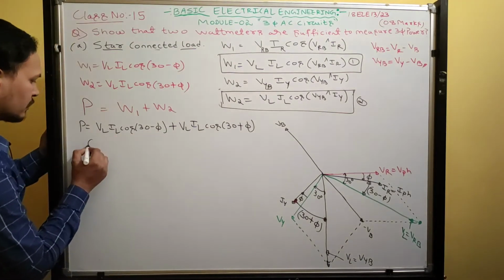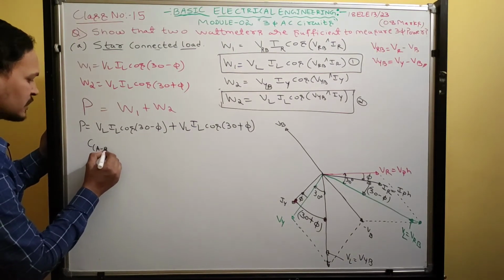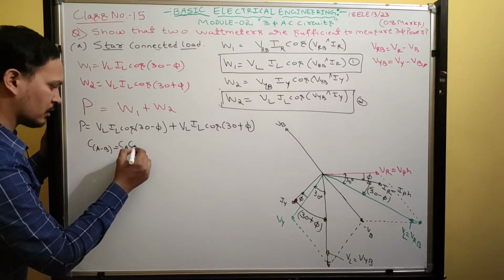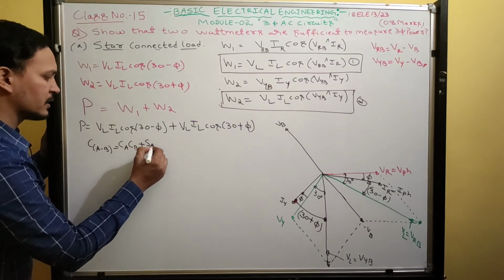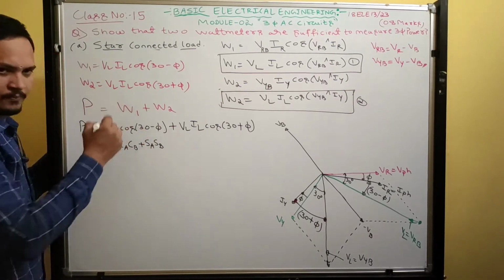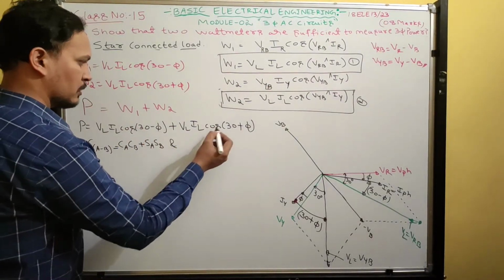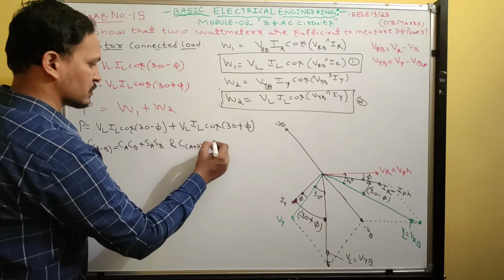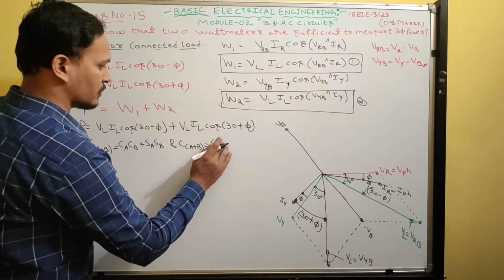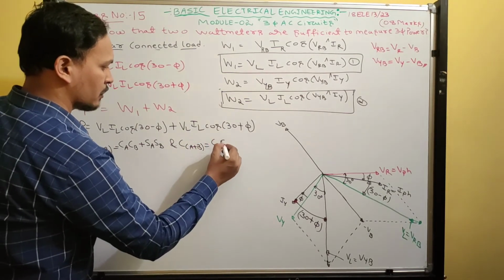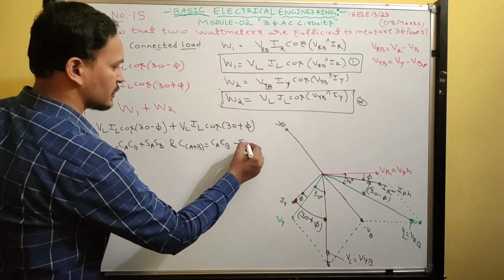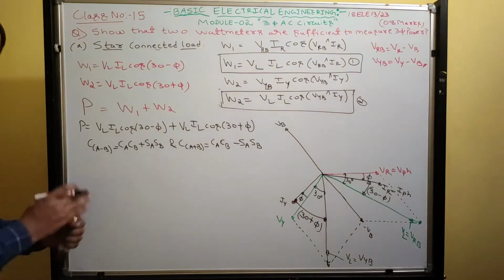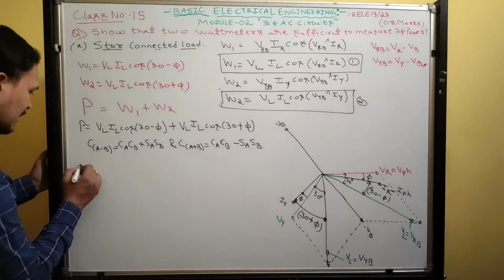Now you apply the cos A minus B formula. What is the cos A minus B formula? Cos A cos B plus sin A sin B. And for this you apply the cos A plus B formula. What is the cos A plus B formula? Cos A cos B minus sin A sin B. Apply this formula for this equation, then simplify, and you will get the final answer.